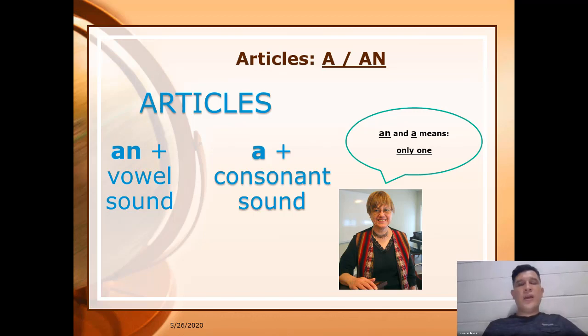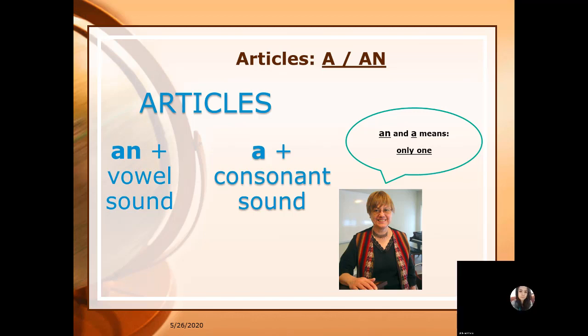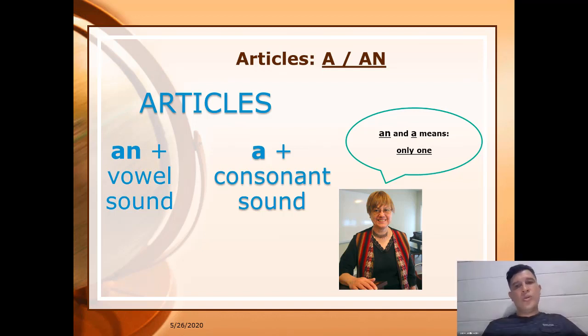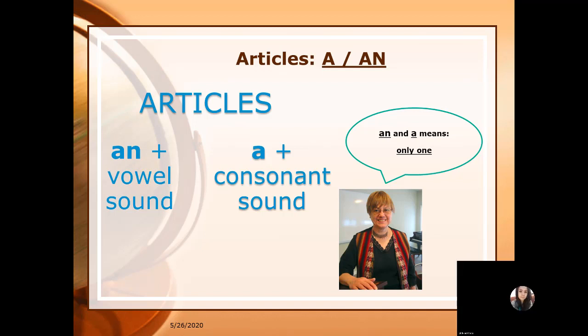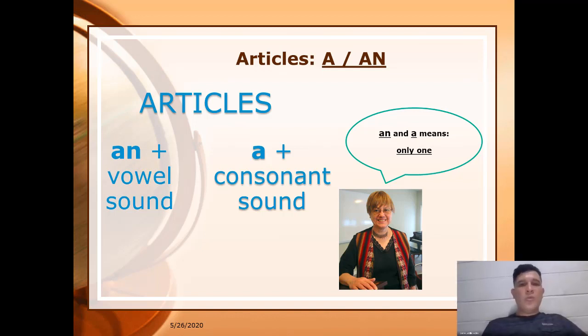El significado de a y an. Uno. Una. ¿Verdad? Uno o una. Bien. All right.